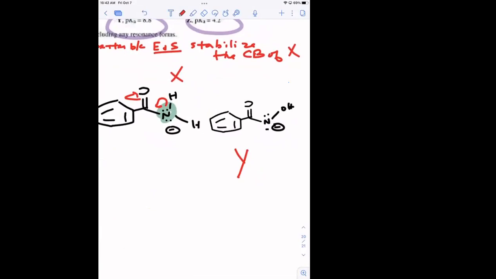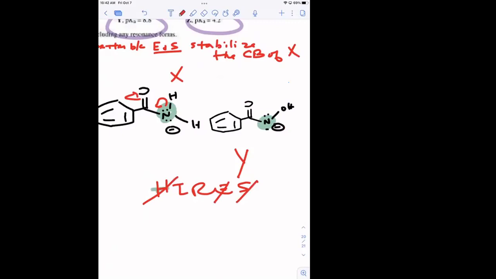If we go through the five factors, the charge is on the same atom in both cases. It's on nitrogen. So hybridization, size, and electronegativity are all the same, because the charge is on the same atom; those don't change.